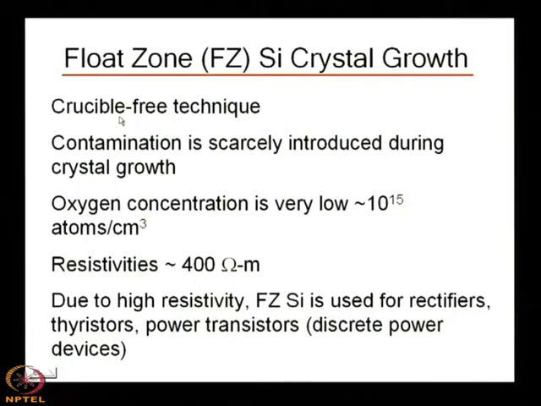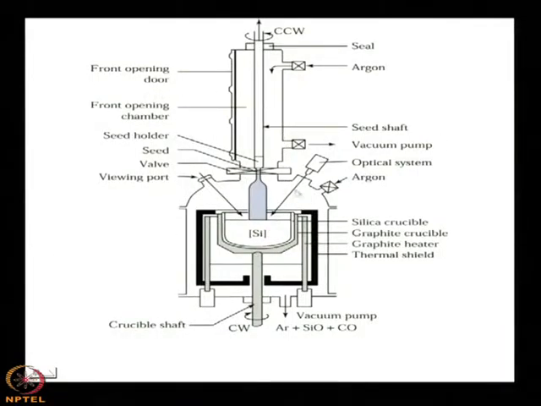I shall show you the diagram for this kind of crystal growth, and if you compare this crystal growth with the previous one, that means the Czochralski technique, you will find that there is a crucible associated with that type of technique.